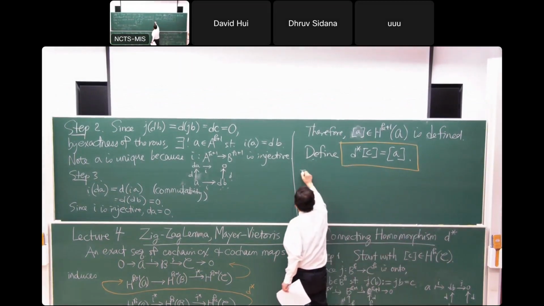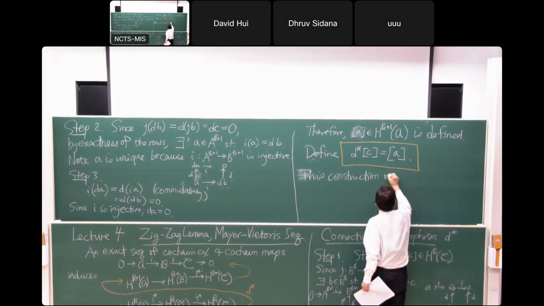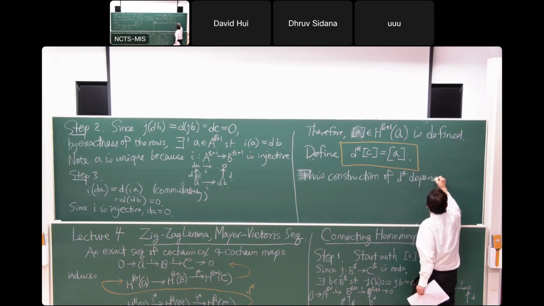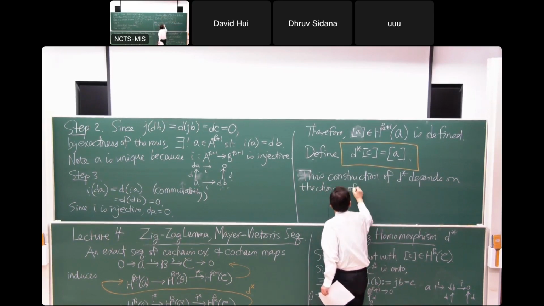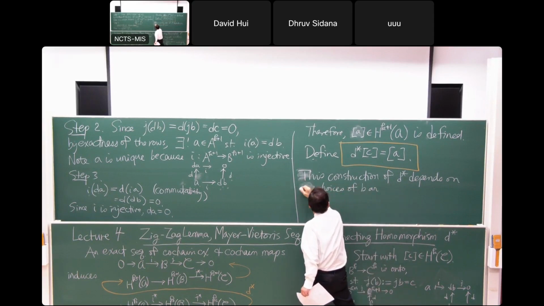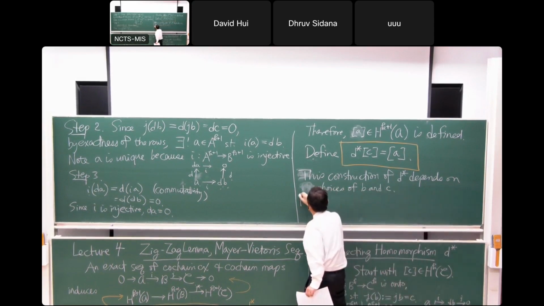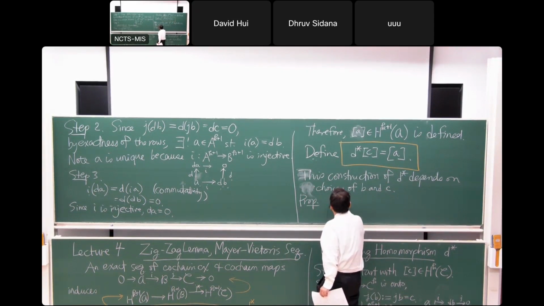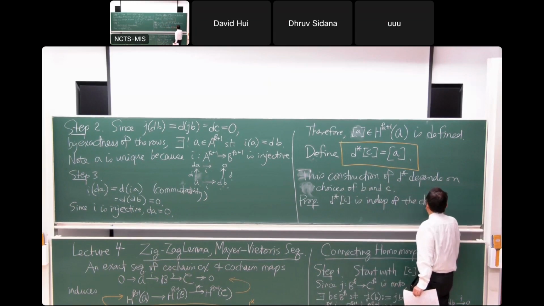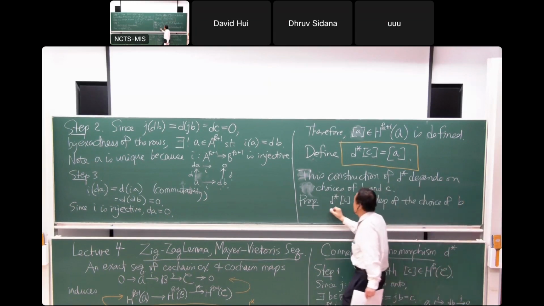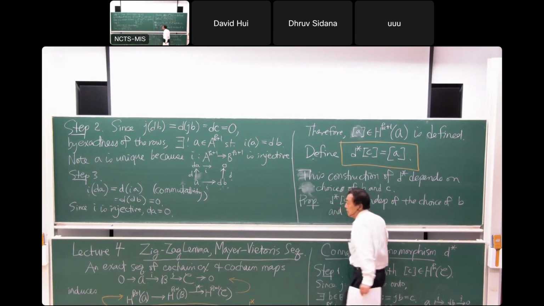Yeah, in this construction of d star depends on the choices of B and C. And to show that it's well defined, you have to show that d star is independent of the choice of B and C. Okay.